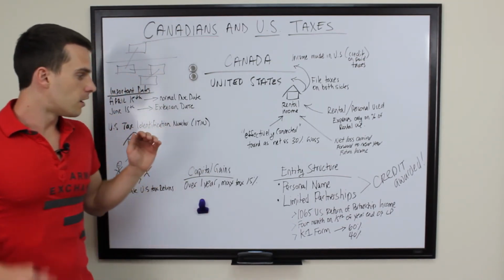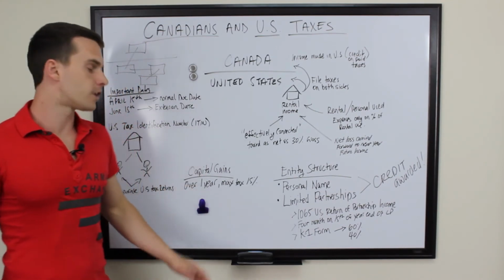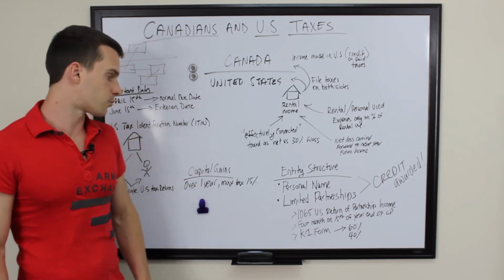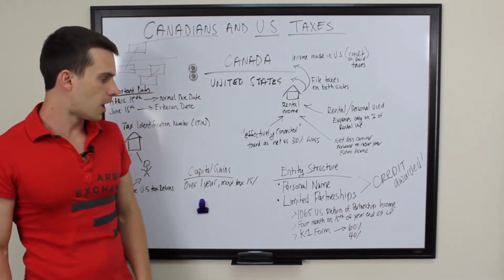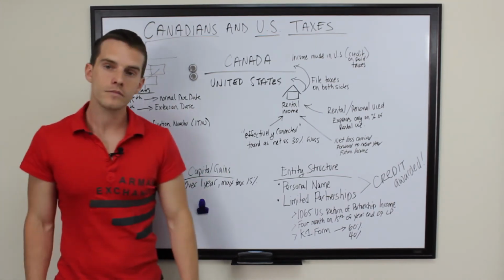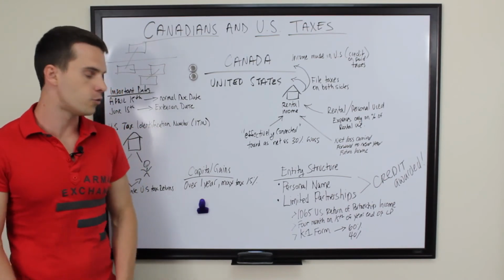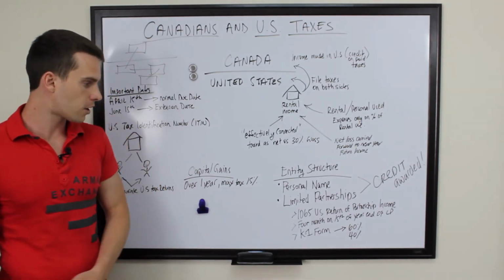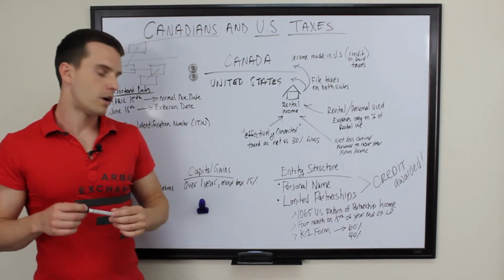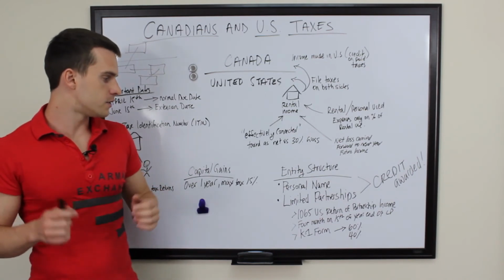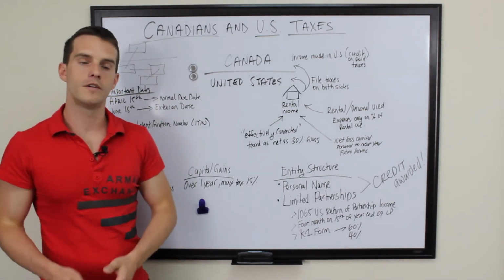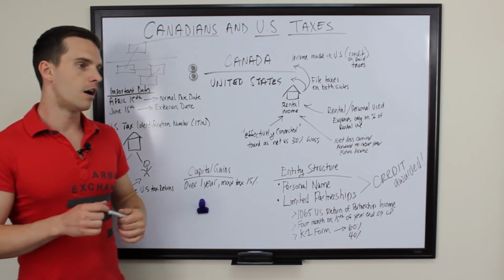But what I stress is limited partnerships. You can have multiple partners in there, so it works great for joint ventures. Some of the important things, forms-wise, is you're going to fill out a 1065 US Return of Partnership Income. And also, your taxes are due on the 15th day of the 4th month after your year end.